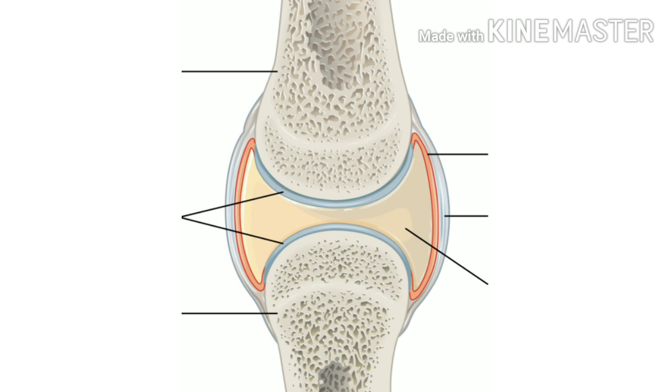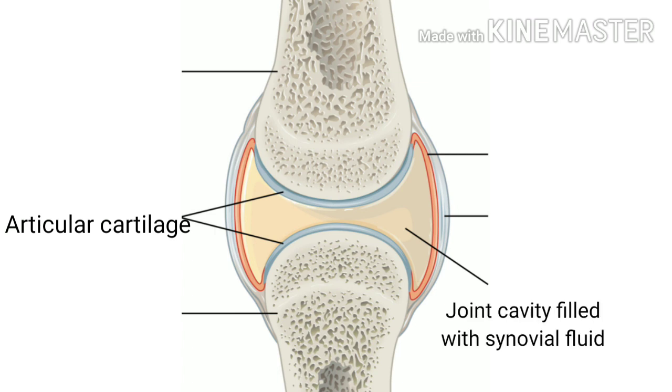It has articular cartilage that covers each opposing bone surface, protecting the ends of the bones. The joint cavity contains synovial fluid, which is very viscous, containing hyaluronic acid secreted by cells. This fluid acts as a lubricant and reduces friction between the layers of cartilage.